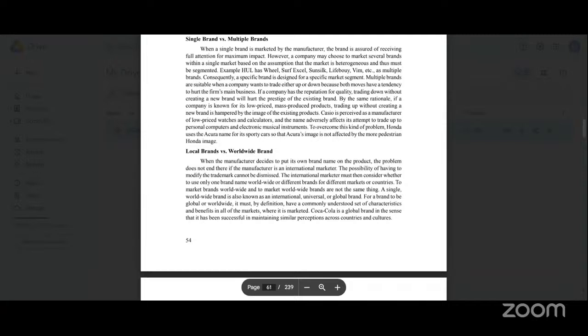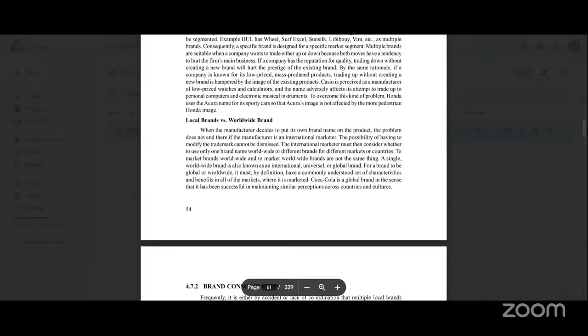The next factor is which factors are allowing the company to have only one brand name, which can be easily identified, or multiple brand names, which will allow the company more flexibility to enter into a worldwide market with a bigger range of products. So, if a single worldwide brand exists, it is also known as an international, universal, or global brand.